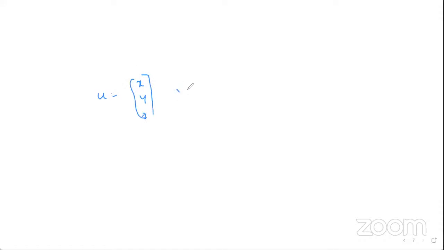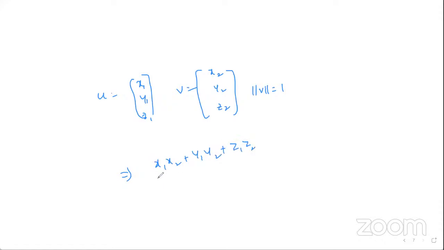And then I need to find this p vector, let it be x1, y1, z1, and this is going to be equal to x2, y2, z2. The condition here is that the modulus of v, the length of the vector v, should be equal to 1, because they mentioned it's a unit vector. That's the first condition. And then the dot product of these two is x1 x2 plus y1 y2 plus z1 z2, correct?